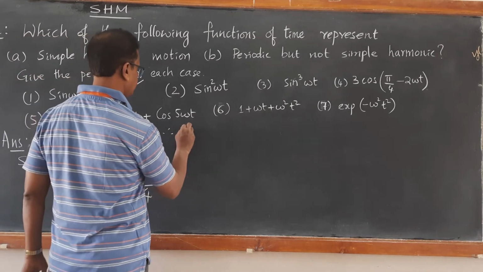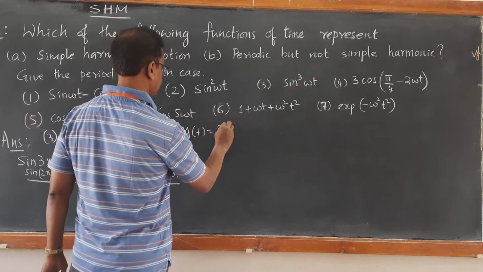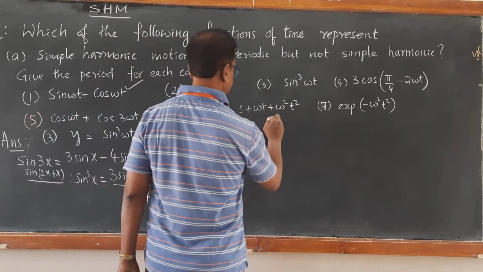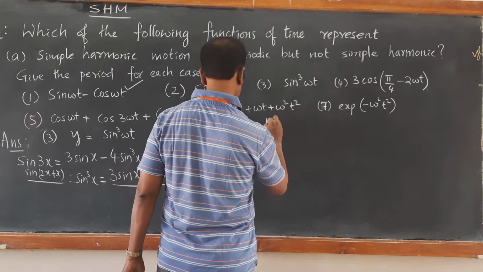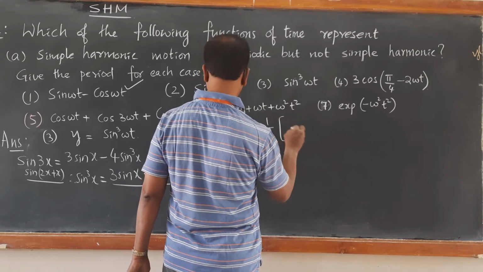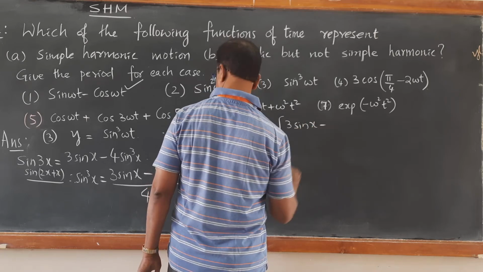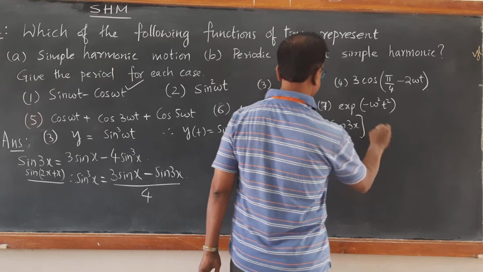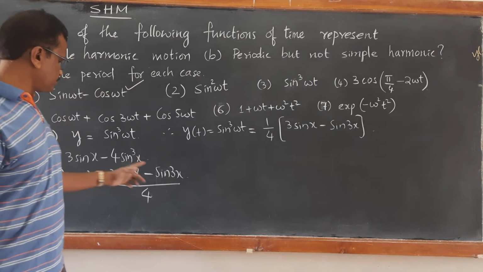Therefore, I can write y as a function of time t, sin cube omega t, as 1 by 4 times (3 sin x minus sin 3x).